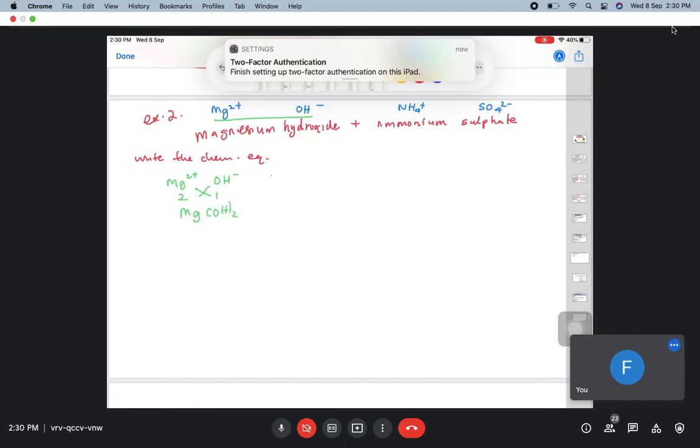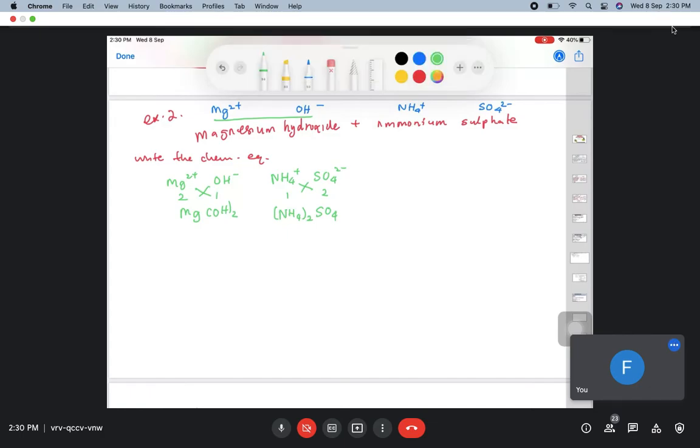Ammonium sulfate: NH4+ and SO4 2-, crisscross 1 and 2, gives (NH4)2SO4. So these are the reactants. How about the products? You know that the products will have salt, water, and ammonia. Water is H2O, ammonia is NH3.